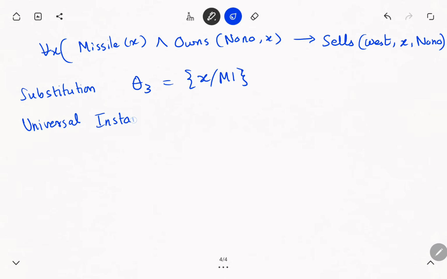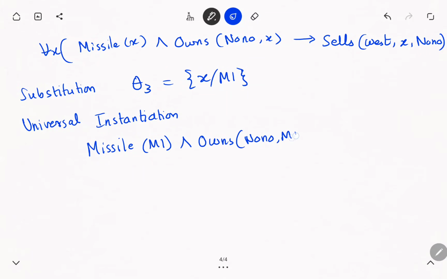So using universal instantiation, I'm using one particular instance of x, that is x is equal to M1. Then that means missile M1 and owns no, comma M1. So this is true from fact 1 and fact 2.